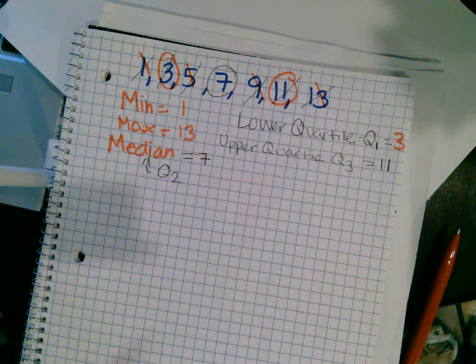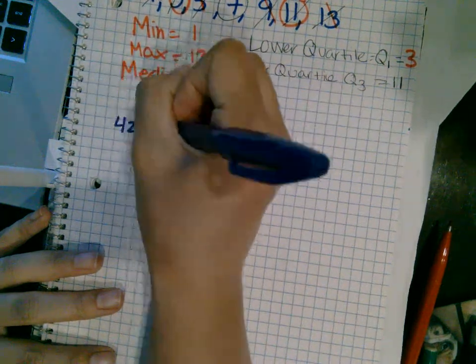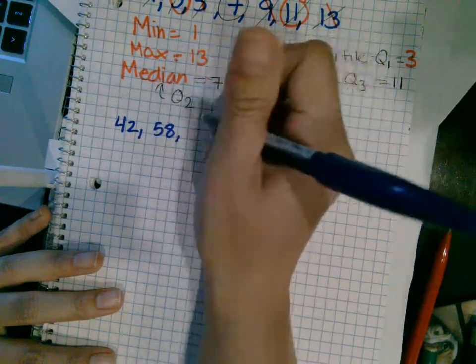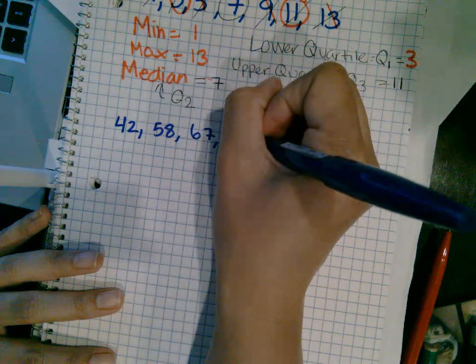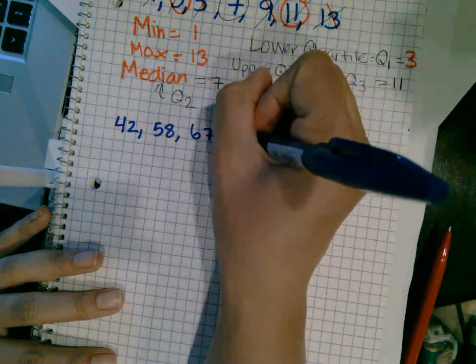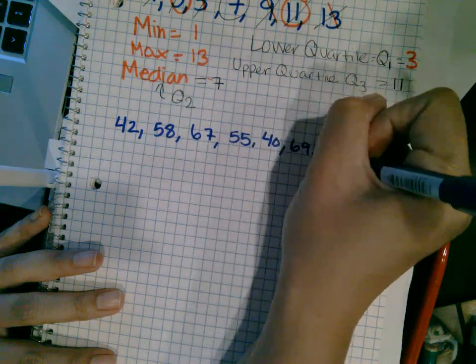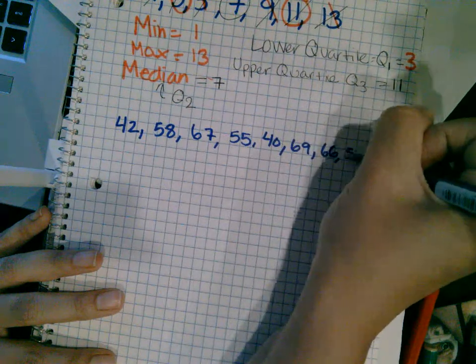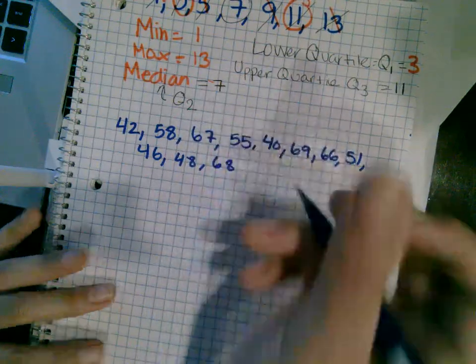Okay. Let's do a harder one. I'm going to write these numbers down. 42, 58, 67, oops, 67, 55, 40, 69, 66, 51, 46, 48, and 68.